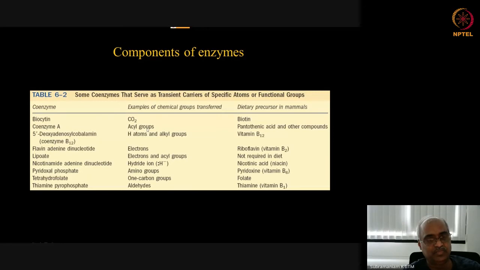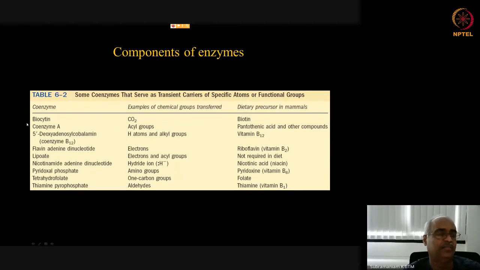This is important in glycolysis itself, the process by which glucose is converted into pyruvate, and so on. So here you have a list of coenzymes and the group transfers in which they are involved. They are primarily involved in group transfers, meaning one group is being transferred from one molecule to another molecule.